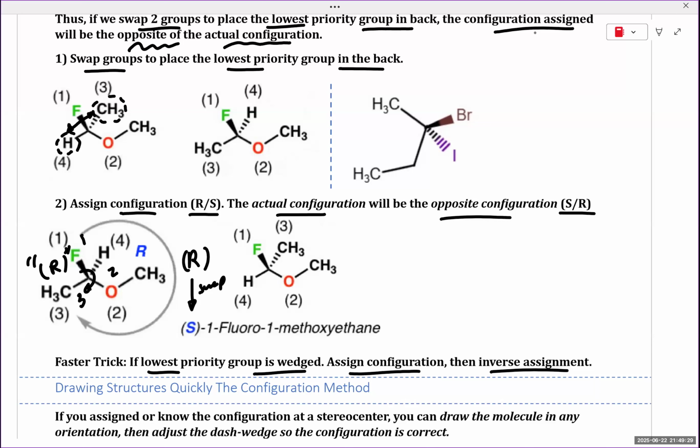So let's try to apply what we've learned for this swapping method on the following example. I'd like you to redraw this molecule, swapped so the lowest priority group is in the back, and try assigning the configuration. So in this case, I'm going to take the iodine and methyl groups and swap them.